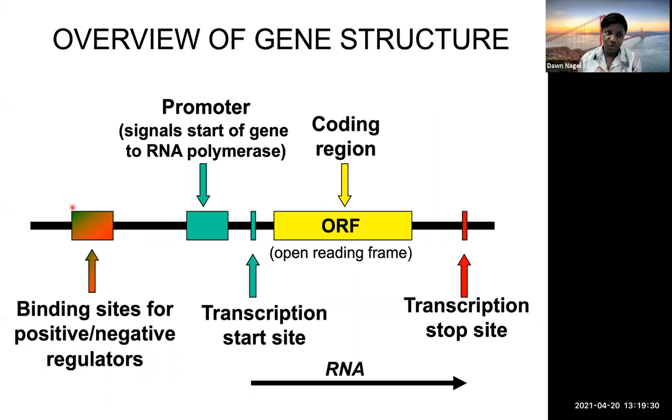In addition, you also have regions in the promoter that are important for helping to regulate transcription. Okay, so they are binding sites for positive or negative regulators of transcription, right? They either promote transcription or reduce the level of transcription of this particular region or gene.